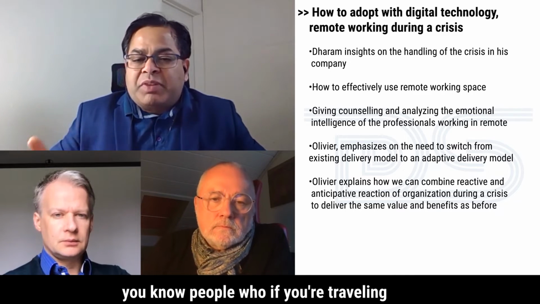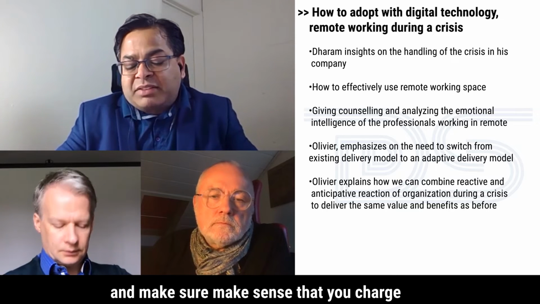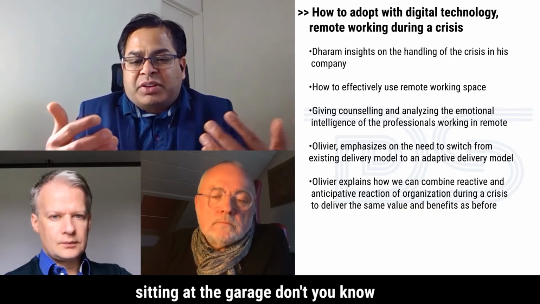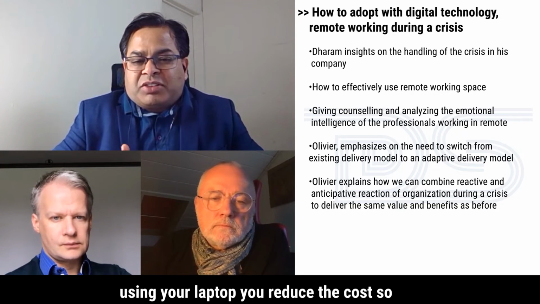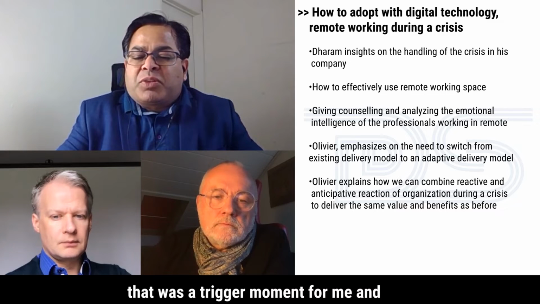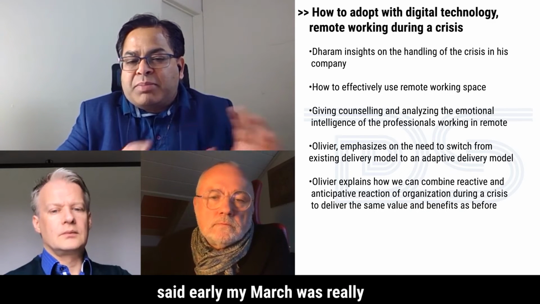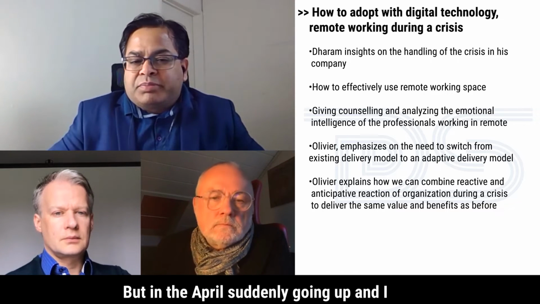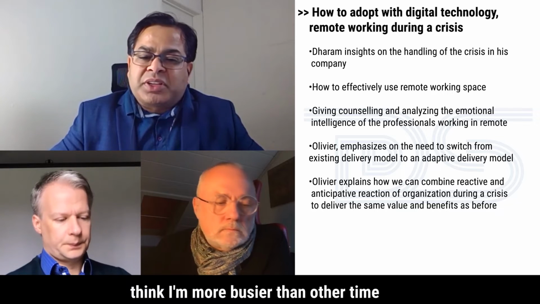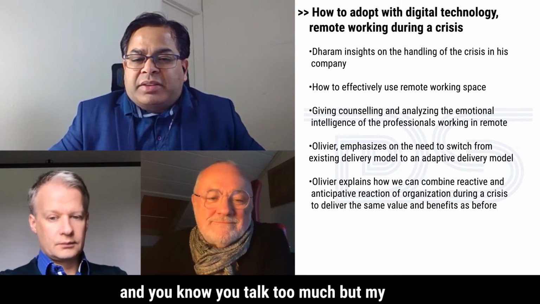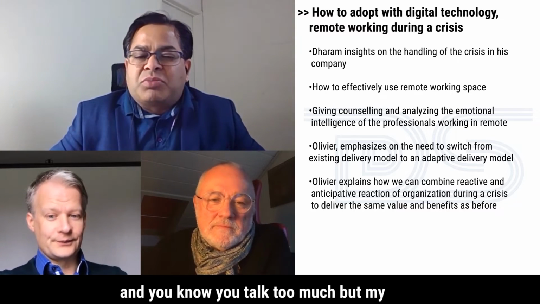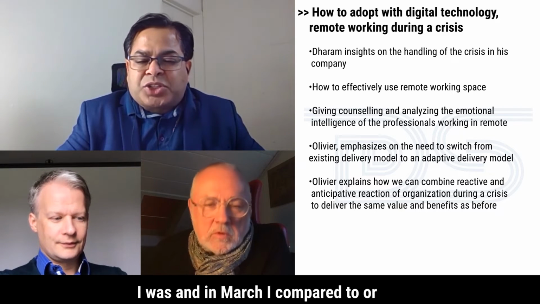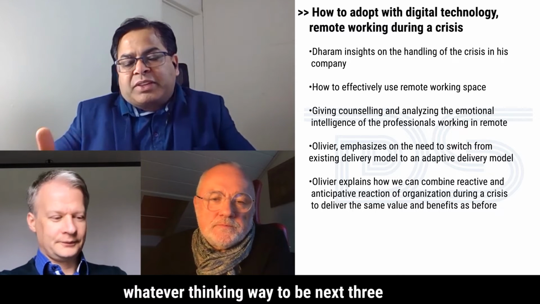If you're traveling, it makes sense that you charge for the venue, but because you're sitting in a garage using your laptop, reduce the cost." So that was a trigger moment for me. My March was really bad, but suddenly in April things went up, and I think I'm busier than at any other time. Without talking too much, my bank balance is much better than what I was thinking it would be over the next 3 months.